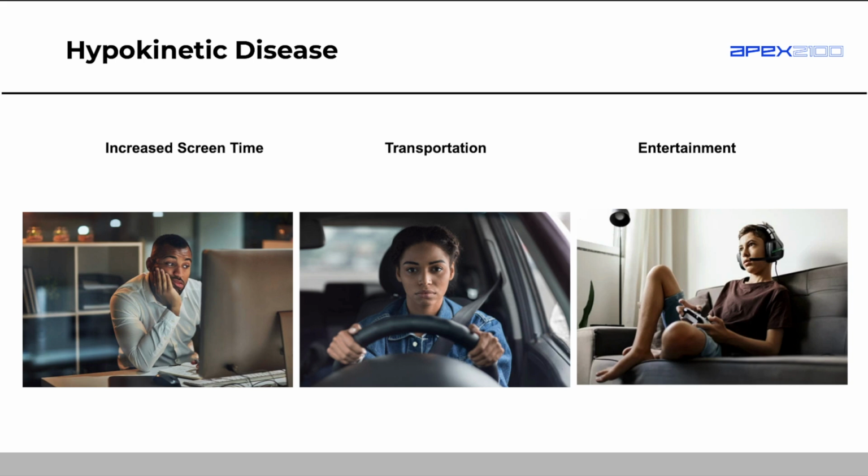We also have entertainment now. So we have a lot more sedentary leisure activities like television, playing video games, and that's led to a lot more time spent inactive. So sedentary behavior is definitely rising in the current age.